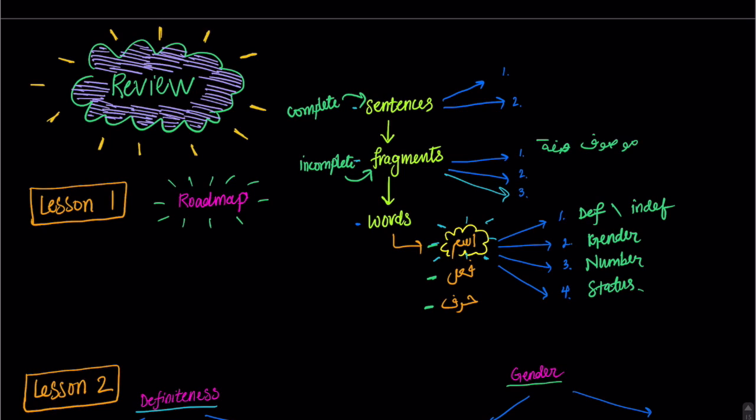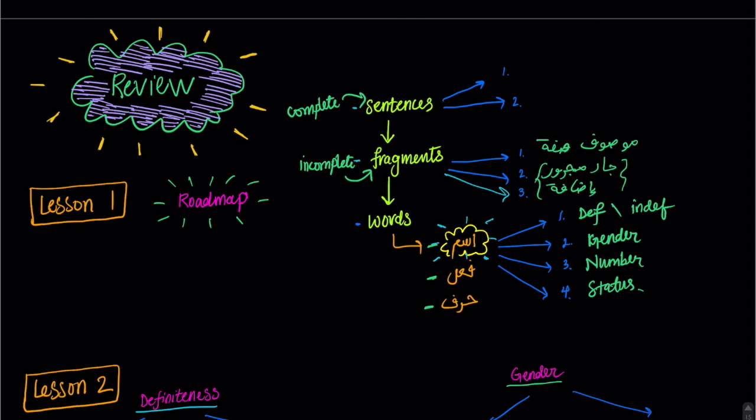In the upcoming lectures, we're going to learn two more types of phrases. The first one being the jar majroor, and the next one being the idafa fragment. So just to kind of prime your brains that this is going to be what we're going to be studying next, inshallah.